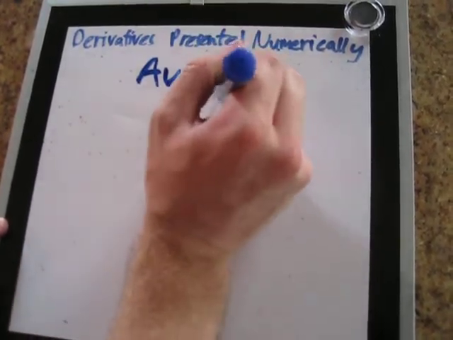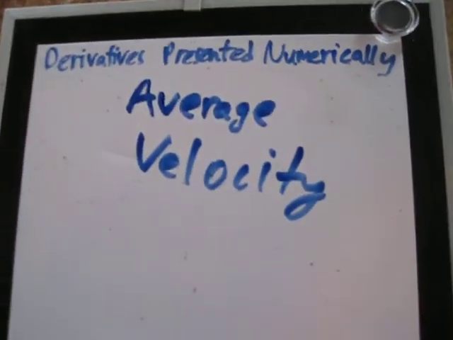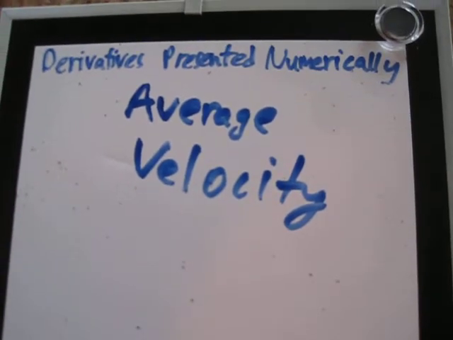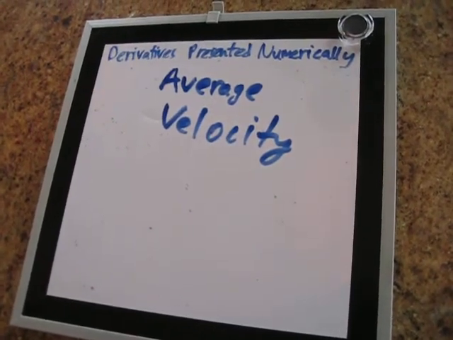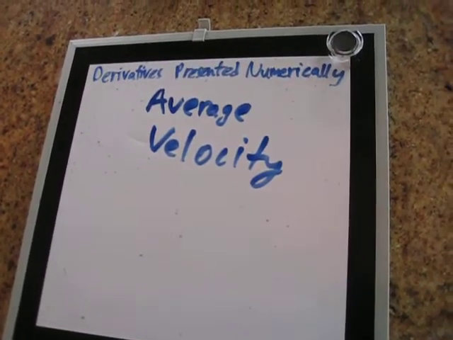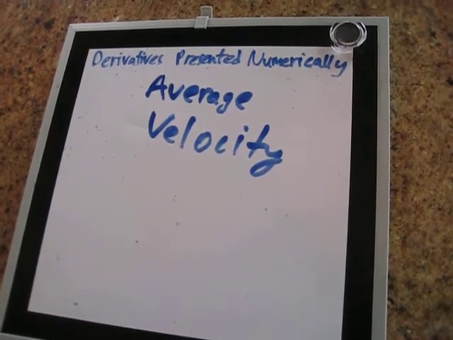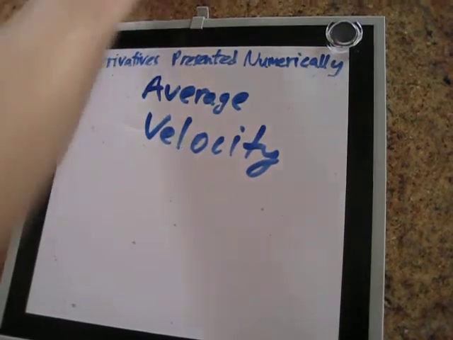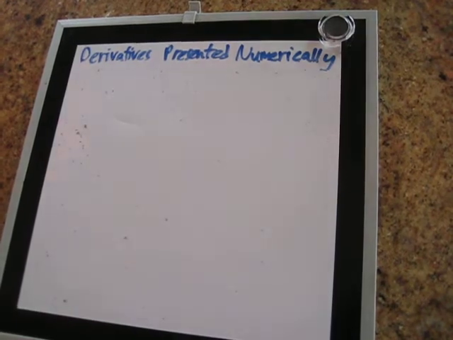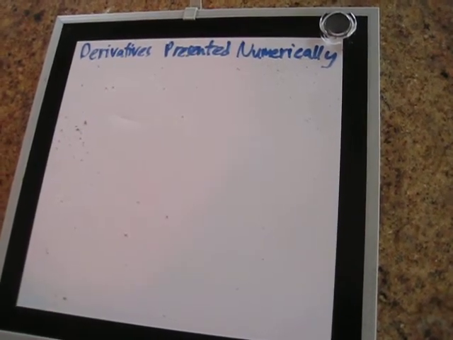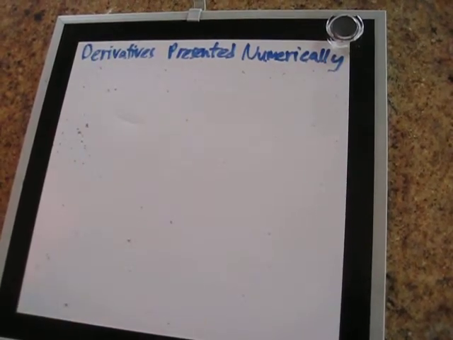This is used in physics very often, and basically the idea is that if you know an object's final displacement, how far it's gone, and the time it took, you can find the change in its displacement and divide by the change in time, and that will give you the object's average velocity on the interval, which is really the secant line of its position function on the interval.